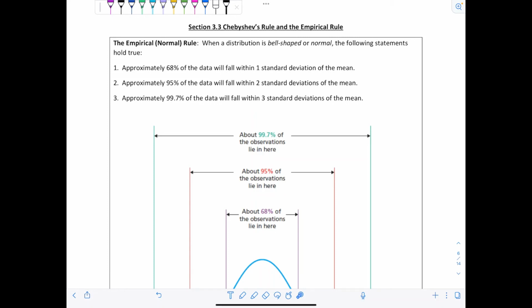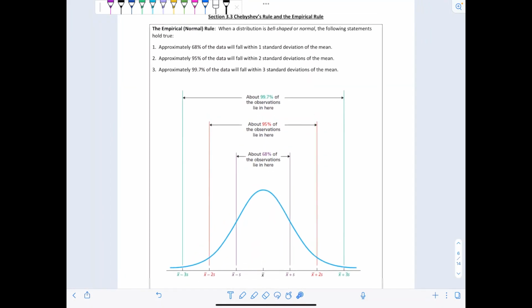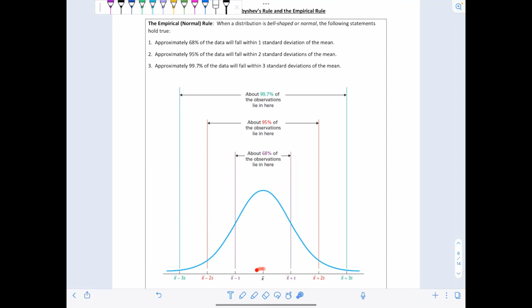Remember, we looked at the 3 standard deviation rule earlier that said almost all the data will fall within 3 standard deviations of the mean. If our data is normally distributed, that equates to about 99.7%. So I'm going to zoom out actually so you can see a little bit better what's going on here. So here's our sample mean x bar, and we can use the empirical rule when our data is normally distributed or bell-shaped. So what that means is it's approximately symmetric, unimodal, okay?